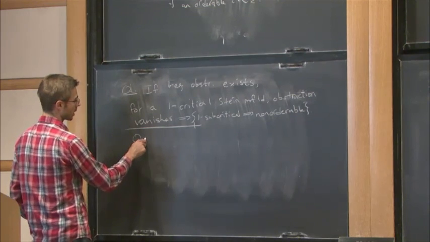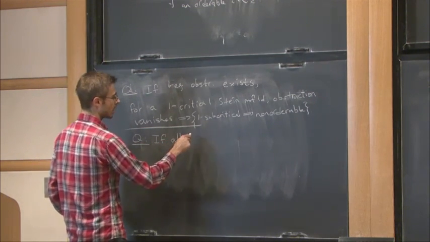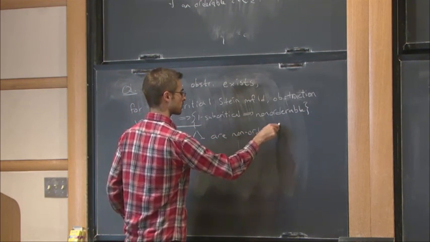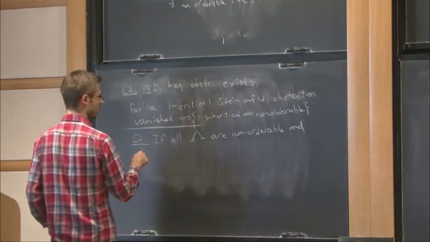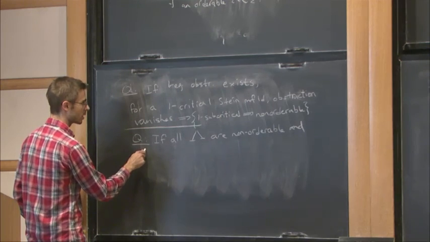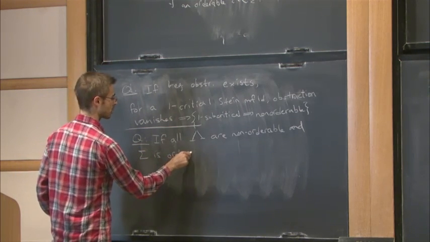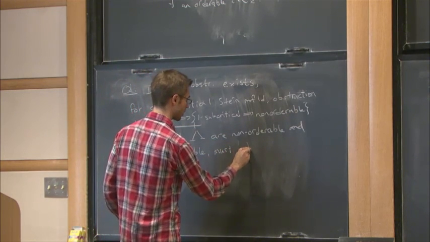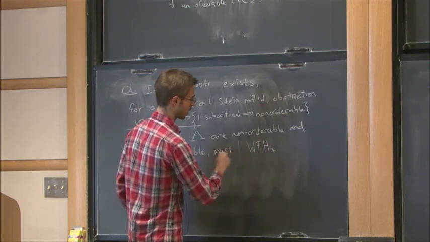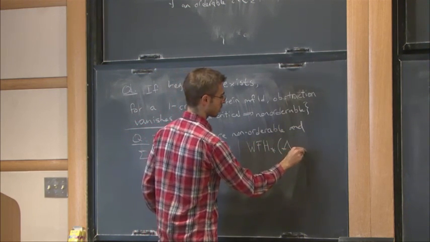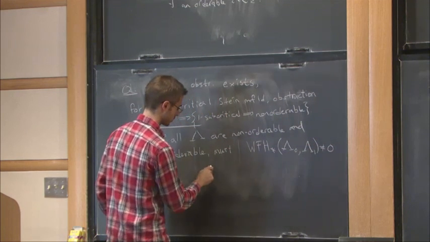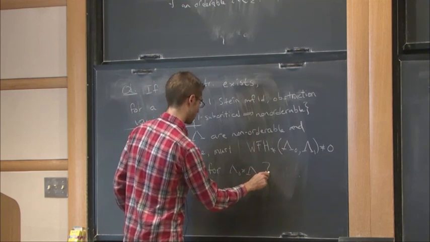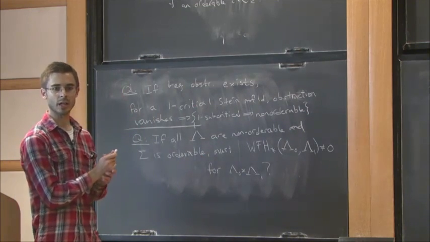And so then the other question would be, if all Legendrians are non-orderable, so if this little conjecture is false, so if all Legendrians are non-orderable and sigma itself is orderable, so must the wrapped Floer homology, so must you have two different Legendrians which are interacting in some strange way?